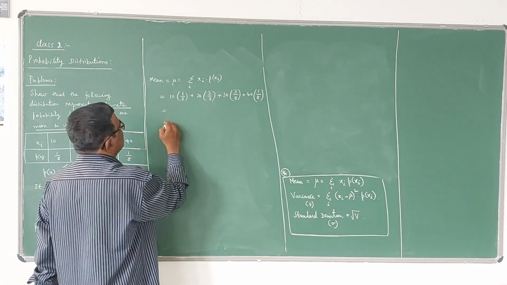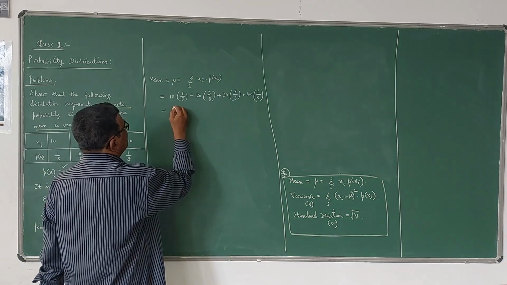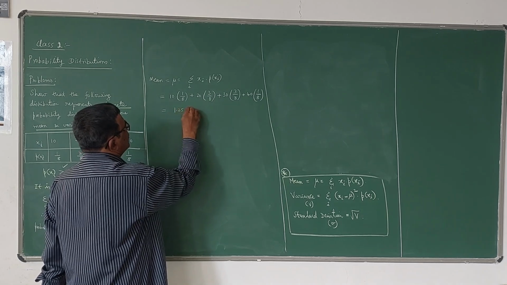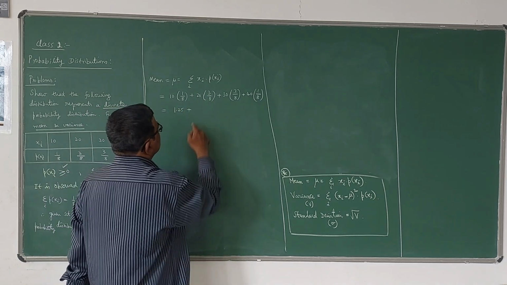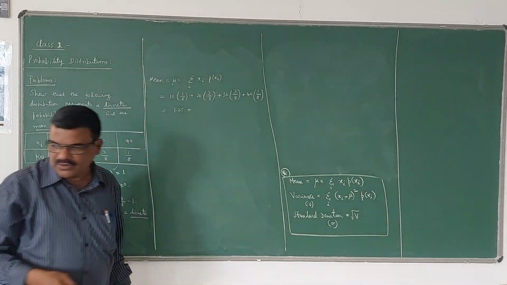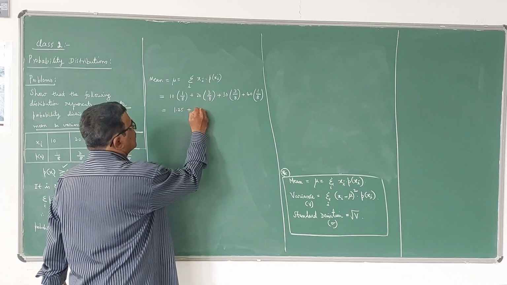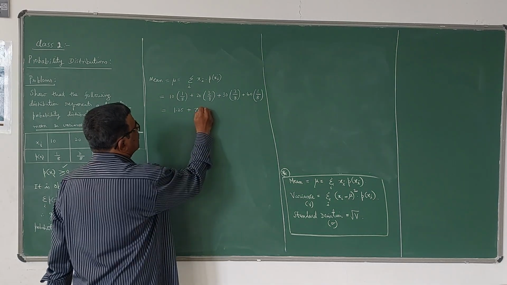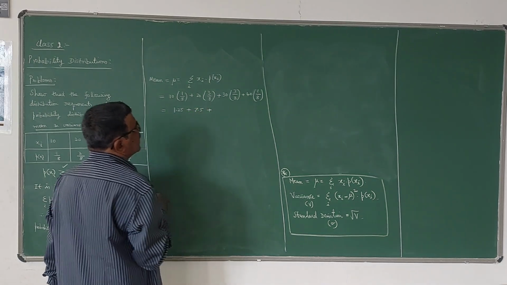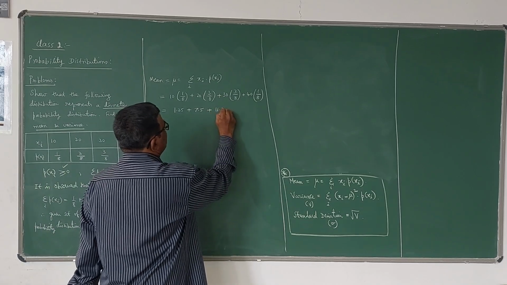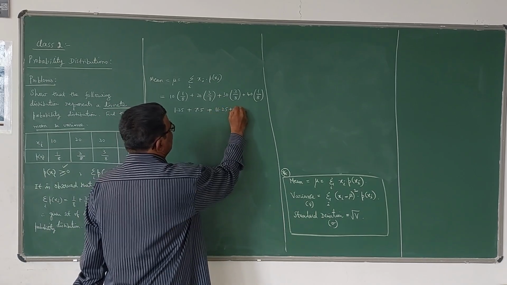If you simplify this, 10 divided by 8 is 1.25, plus 60 divided by 8, use the calculator, 7.5, plus 90 by 8, 11.25, plus 5.